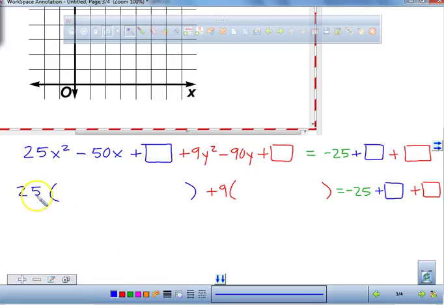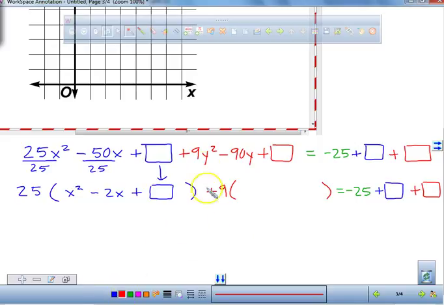Alright, to factor out of 25, we have to divide by a 25. Good. 25 divided by 25 is an x squared. Negative 50x divided by 25 is a negative 2x. And then I bring down that square.